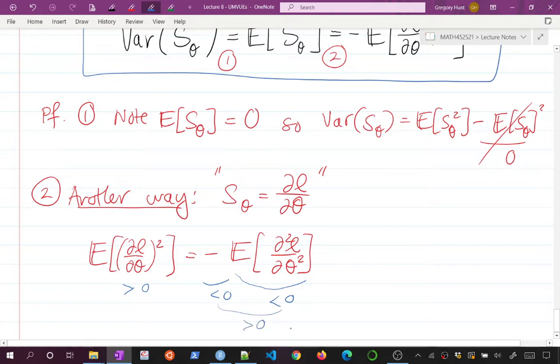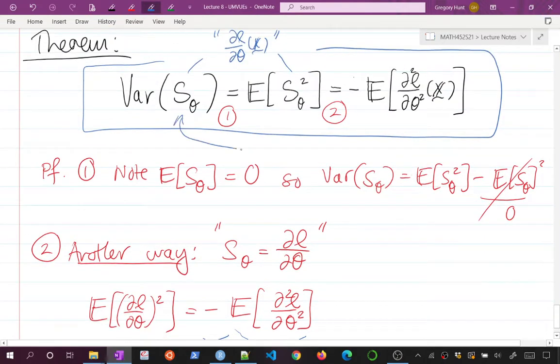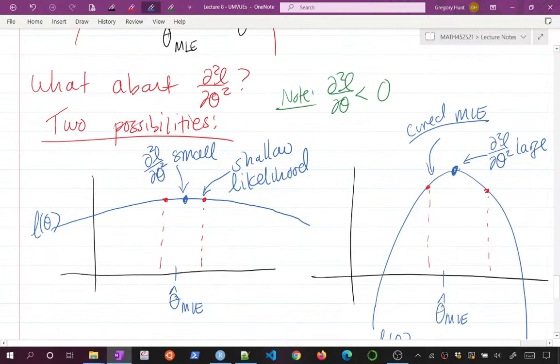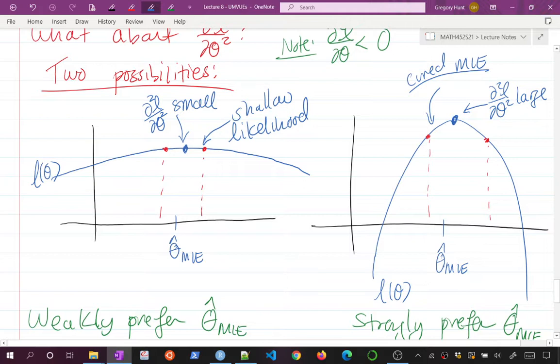The interpretation is very similar to the first theorem we had, right? What this is telling us is something about the relation between the variance of the score and the concavity, the curvedness of the log likelihood function, right? We said that this curvedness tells us something about how much information our data has about the unknown parameter theta. Does it strongly prefer some estimate at theta hat MLE, or does it only weakly prefer?